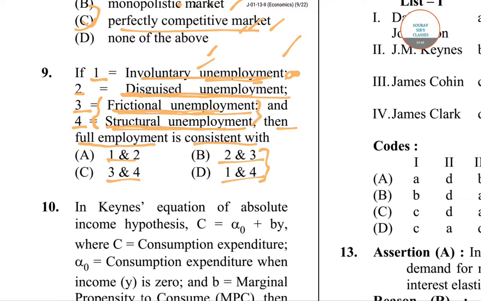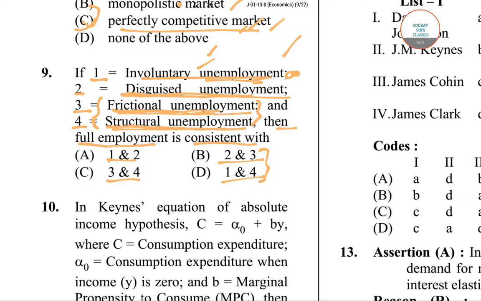Frictional unemployment is due to the lack of information in the job market. That is, when one worker leaves one job and joins another, the gap between these two jobs where the labor is basically not employed, we call it frictional unemployment. And structural unemployment is due to structural reasons, where some people get unemployed, we call it structural unemployment.